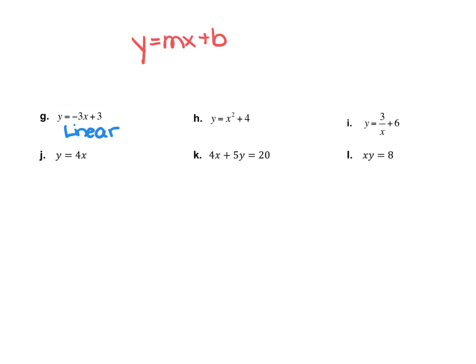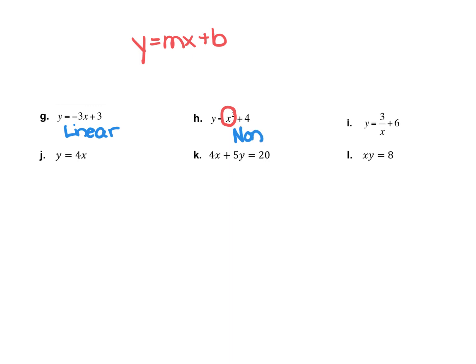For letter H, we have y is equal to x squared plus 4. Now, you might have remembered in the first slide that we were talking about that what makes something nonlinear is if you've got something that is an x squared or a square root, that is going to make it nonlinear.